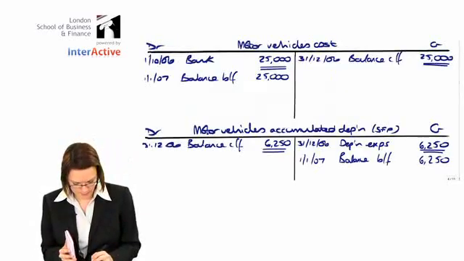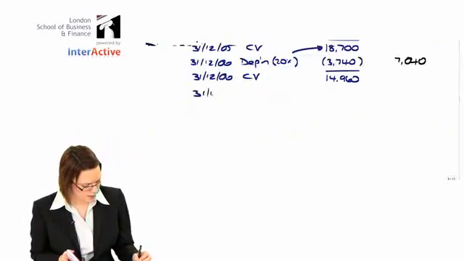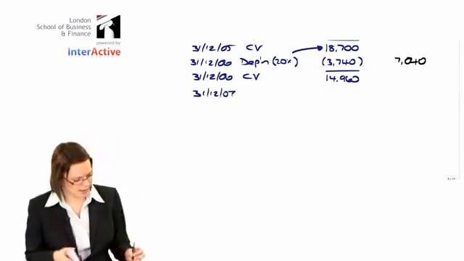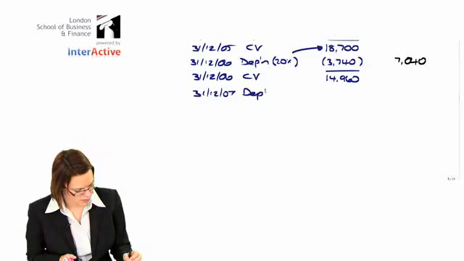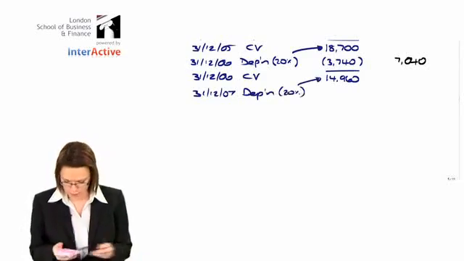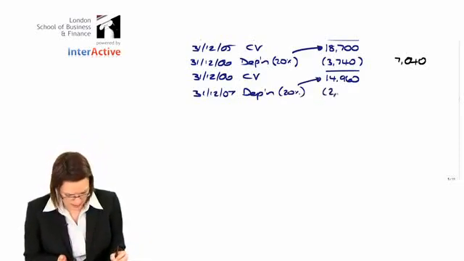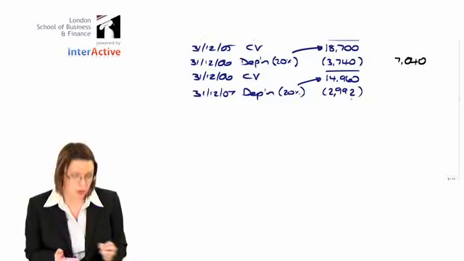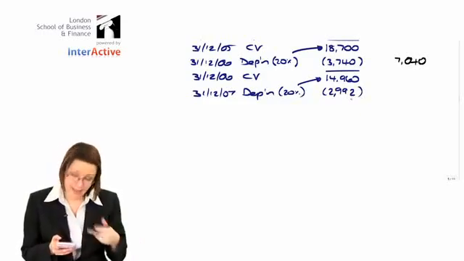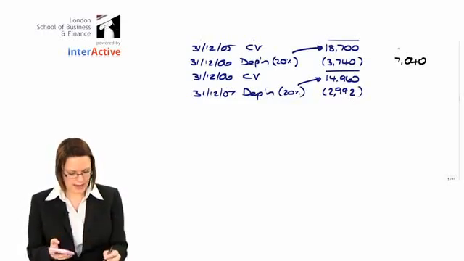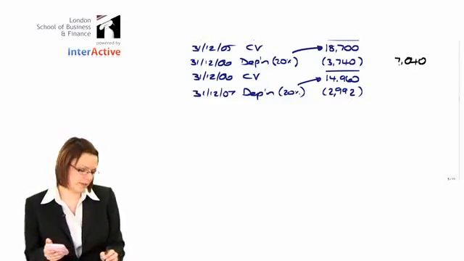Continuing on then. Next year end is the 31st of December 07. We're not disposing till 2009. So depreciation at 20% of the carrying value 14,960. It's going to give us 2,992. And I'm going to add that to my rolling balance of accumulated depreciation. I have 7,040 sat there.